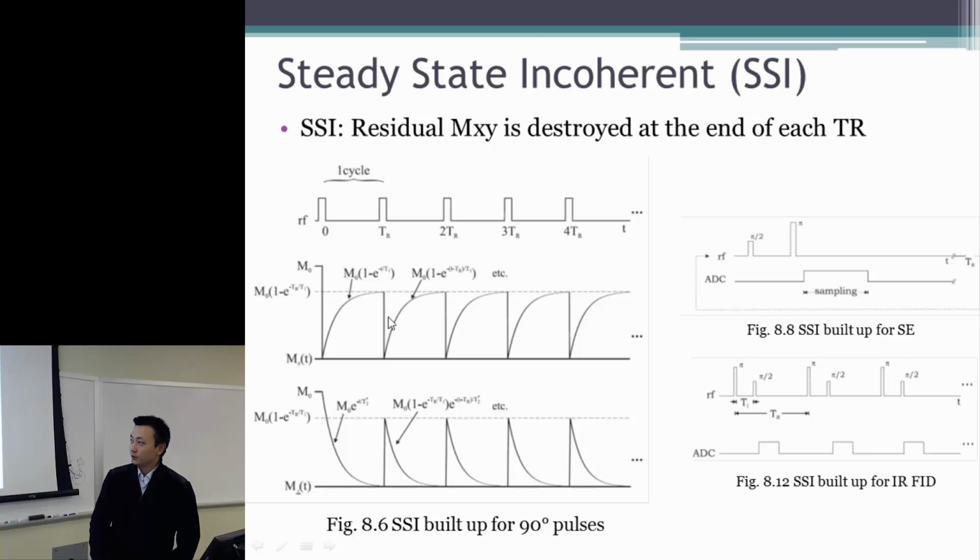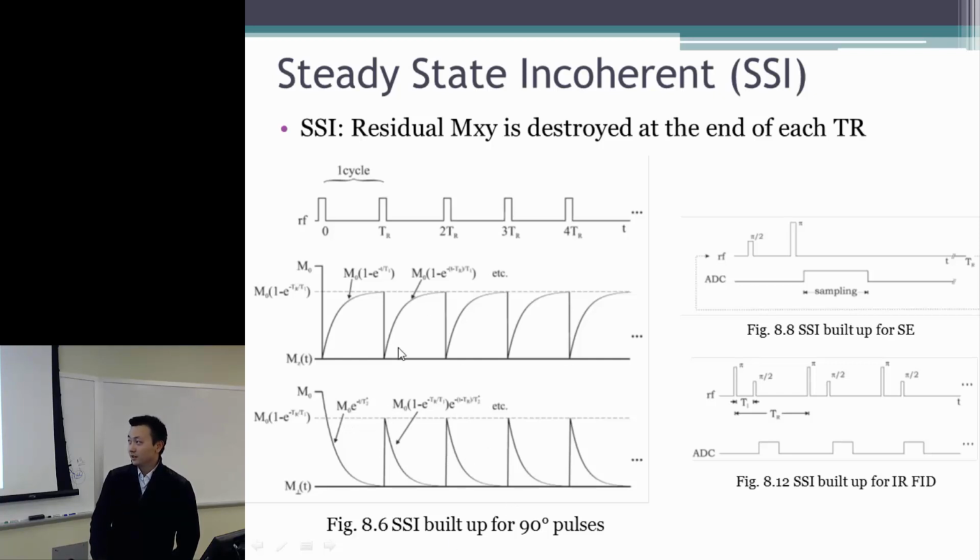So it will repeat this process again and again. It always recovers from zero. And the transverse magnetization after the second RF pulse is now less than the equilibrium, and it will stay the same if we are applying 90-degree pulses.